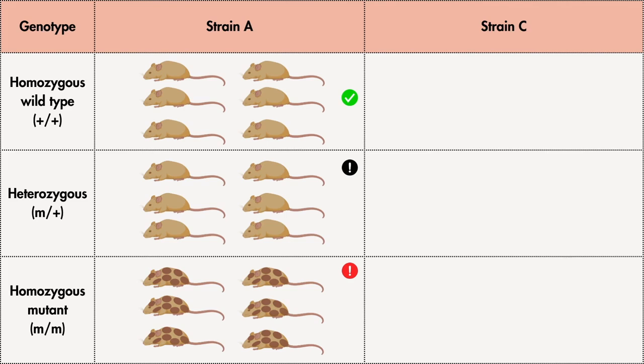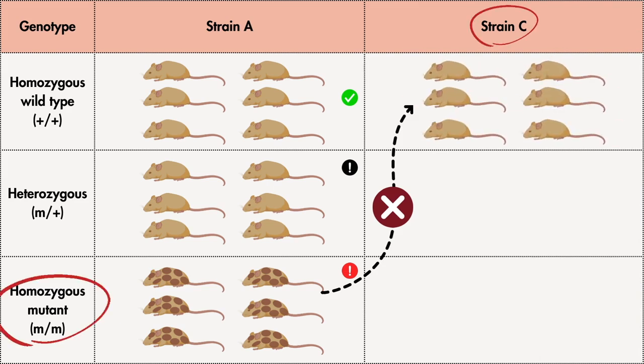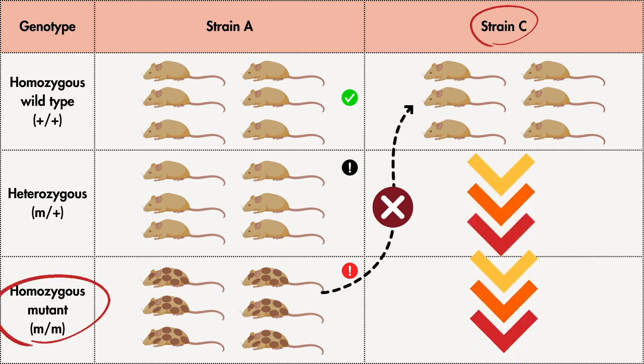To investigate how this mutation behaves in a different genetic background, specifically strain C, scientists use a technique called backcrossing. In this process, they repeatedly mated homozygous mutant mice from strain A with wild-type mice from strain C, eventually creating a population in strain C that carries the M mutation in a new genetic context.